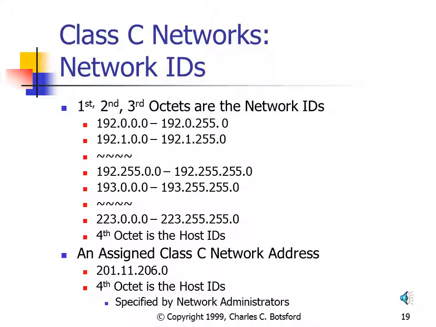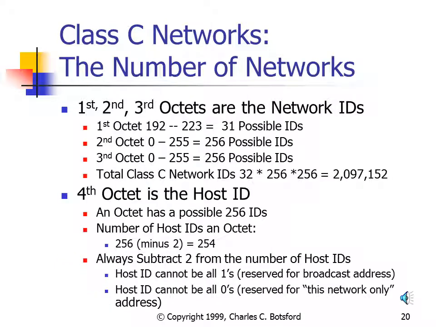Now, if we were assigned a Class C network address like 201.11.206.0, all computers on our network would share the first 3 octets as our assigned network ID, and then as the administrator, we'd have the last octet to hand out host IDs. To determine the possible number of Class C networks, we see that the first octet could have any value between 192 and 223 in decimal.